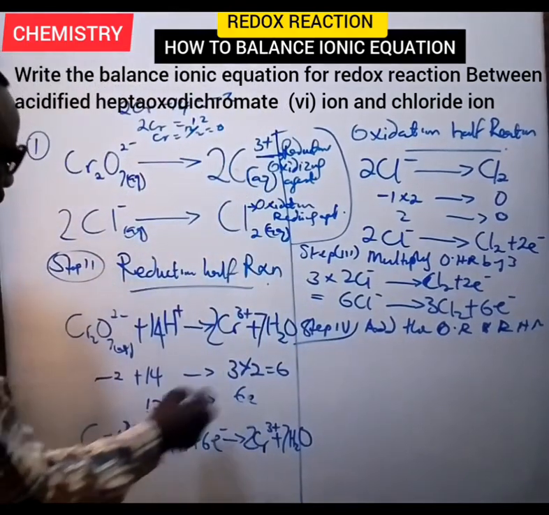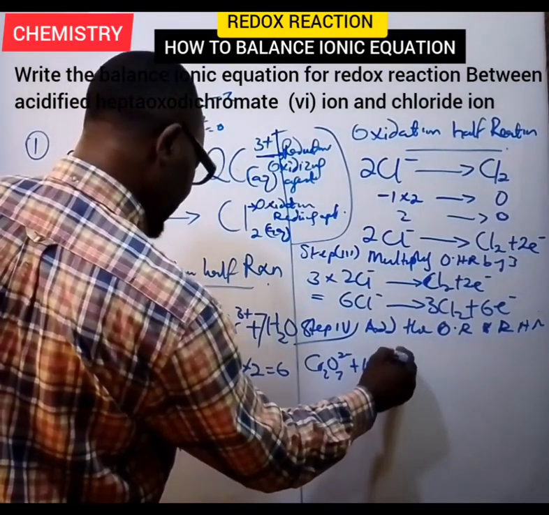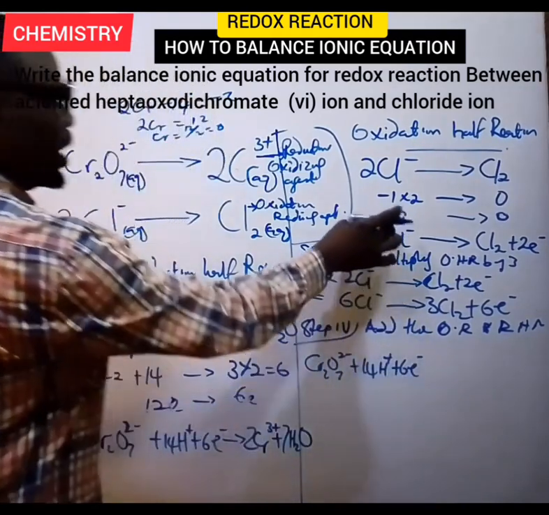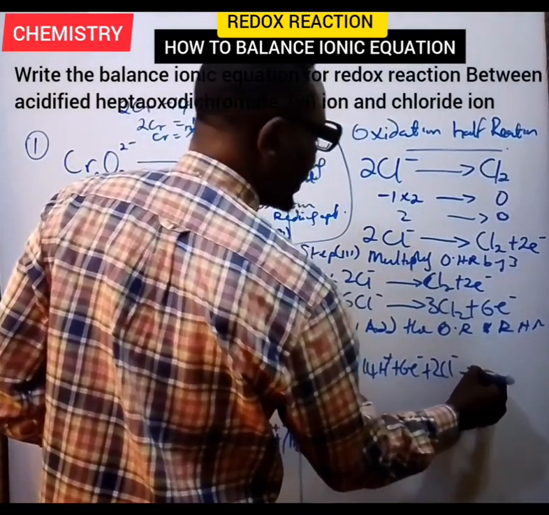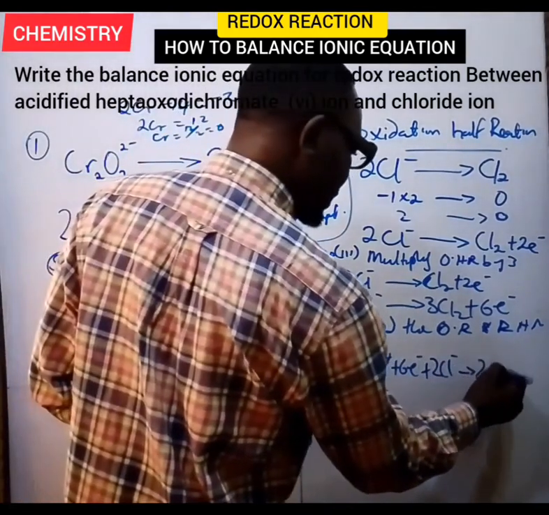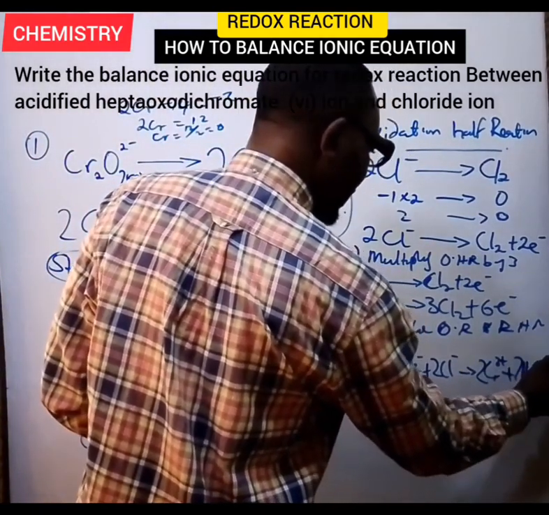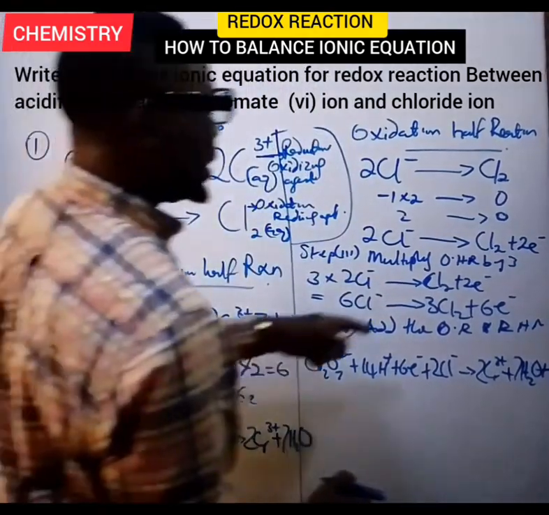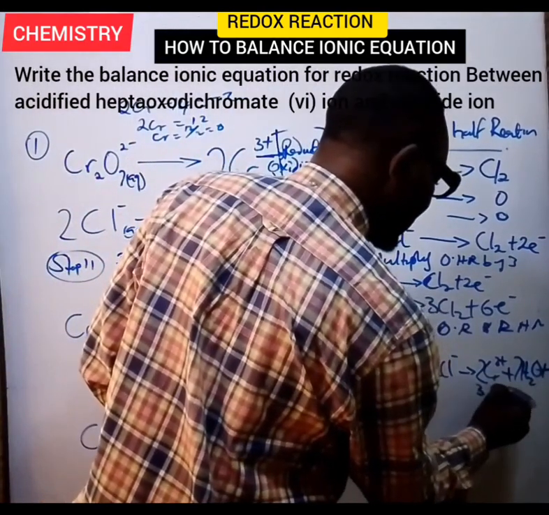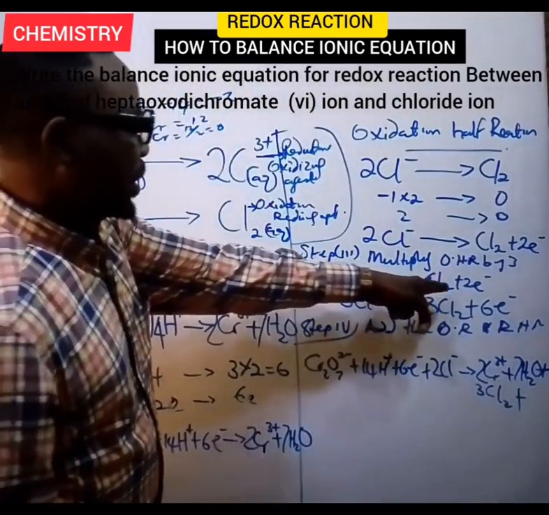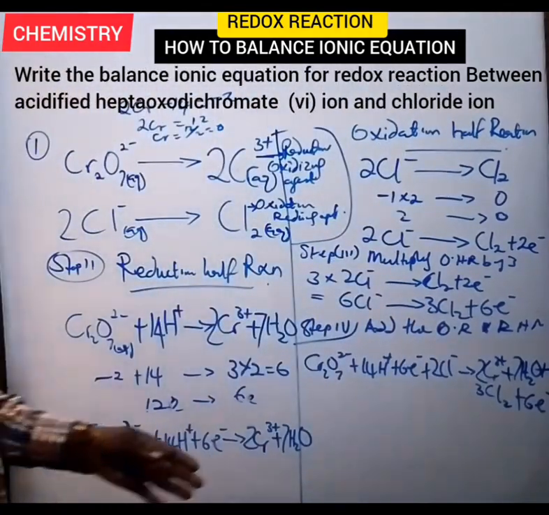So we're going to have Cr2O7 2 minus plus 14H plus plus 6 electrons, and at the reactant side 6Cl minus, giving us 2Cr3 plus plus 7H2O plus 3Cl2 plus 6 electrons. So this is what we get here now.